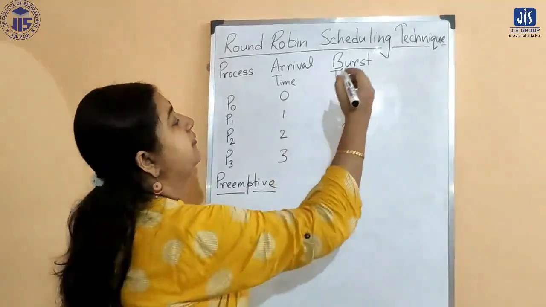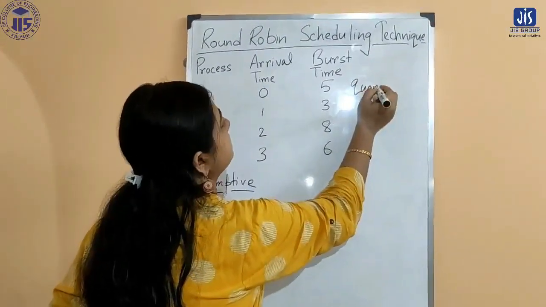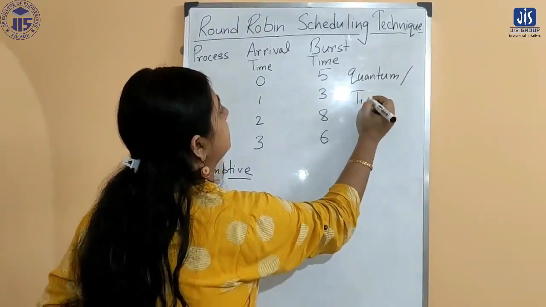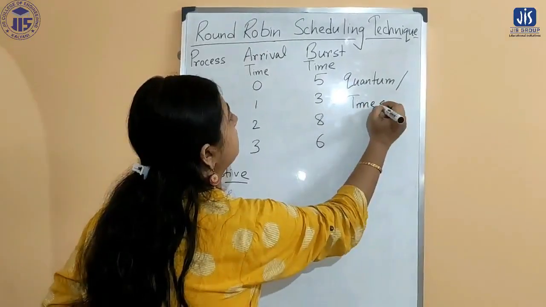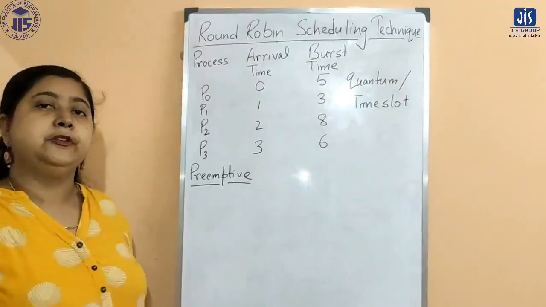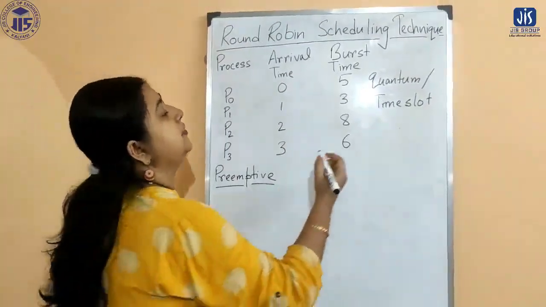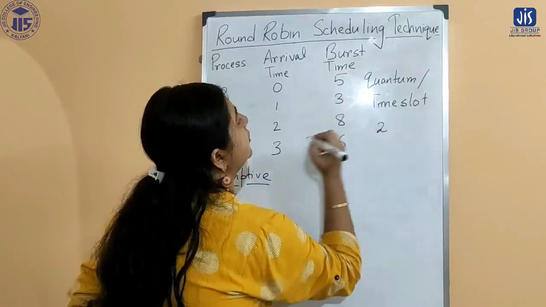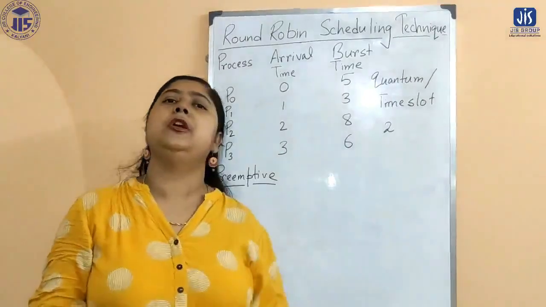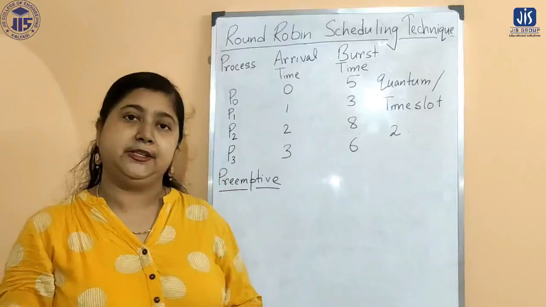There is a variable called quantum, or time slot, whose value is predefined. Say the value is 2 units of time. So for these 2 units of time, at most a process can continue its execution.